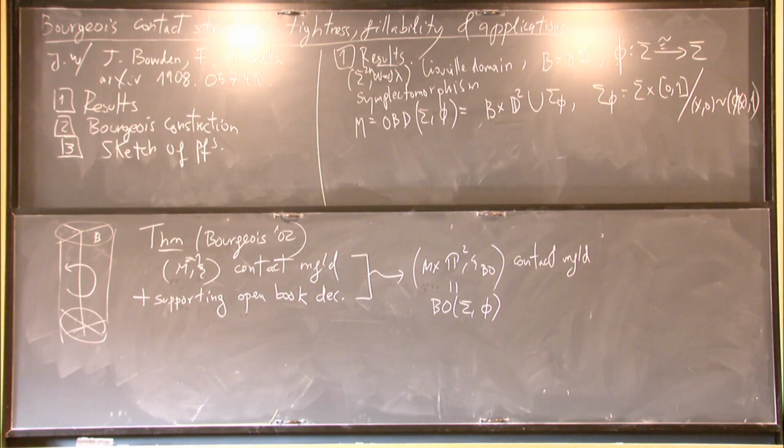Basically, if you start with some 3-manifold, then the associated 5-dimensional Bourgeois manifold is always tight, meaning independent of what the original contact structure was and what the original open book was. You can give it whatever. You can start with an overtwisted one, and you will always get a tight thing.